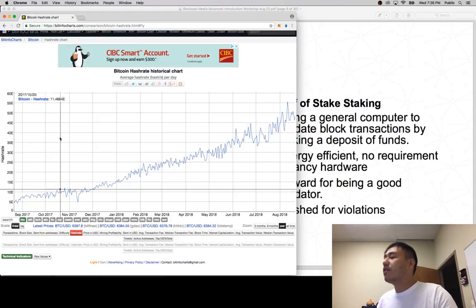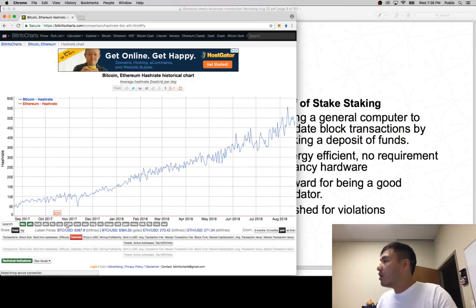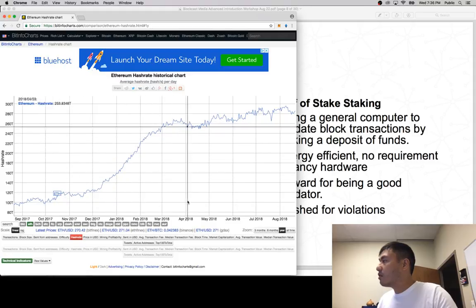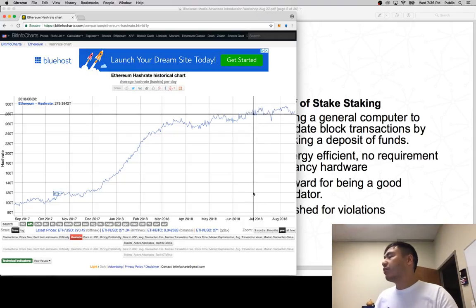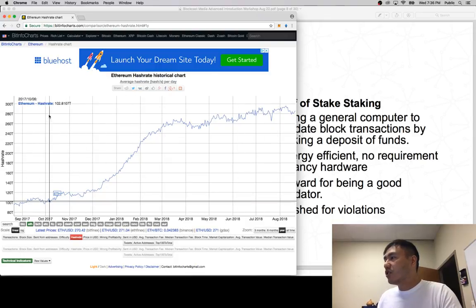I believe we can also see the hash rate of Ethereum as well, which is nowhere near Bitcoin. There we go. Yeah, you can see some pretty good growth in Ethereum, but it's stabilizing around 280 terahashes right now.